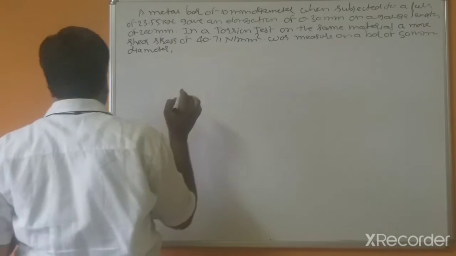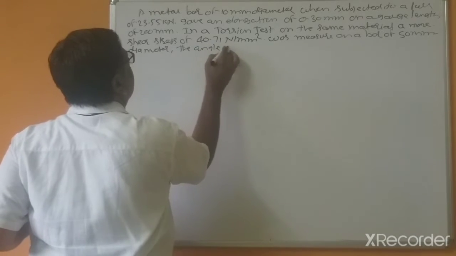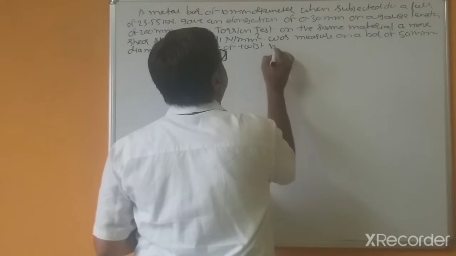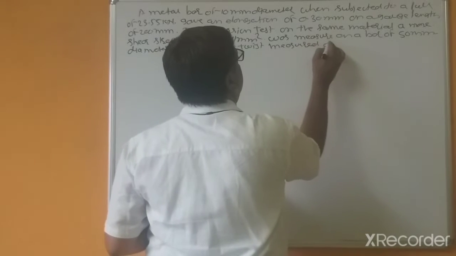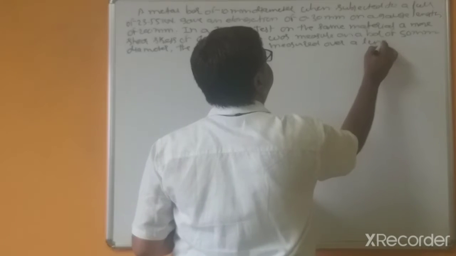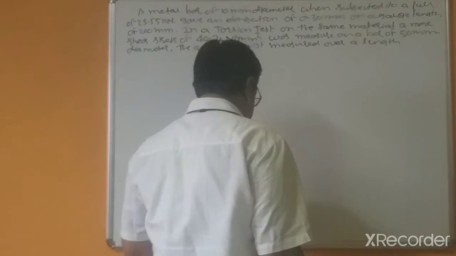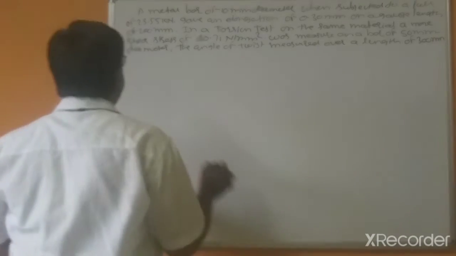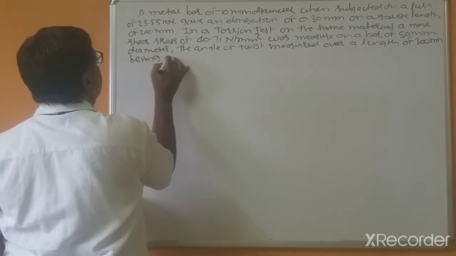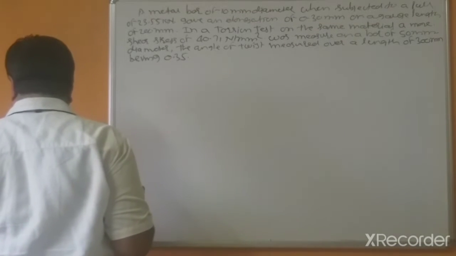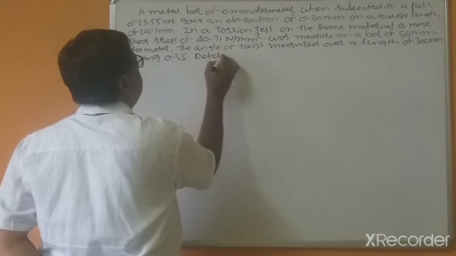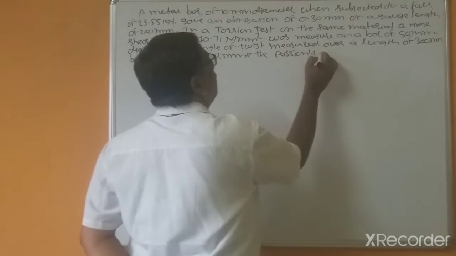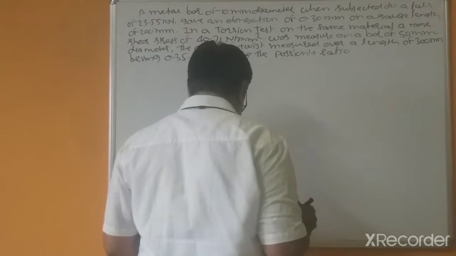The angle of twist measured over a length of 300 mm being 0.35, determine the Poisson's ratio of the material.